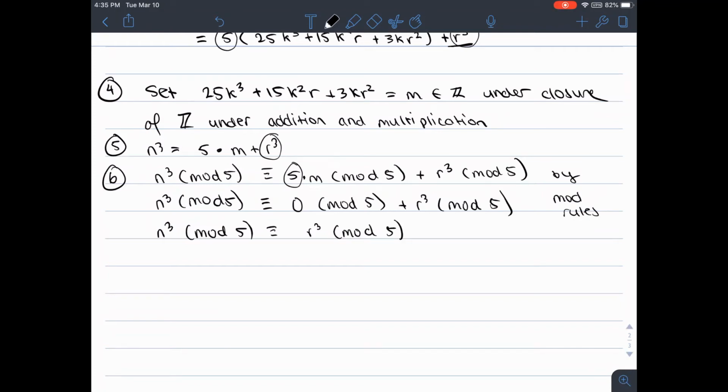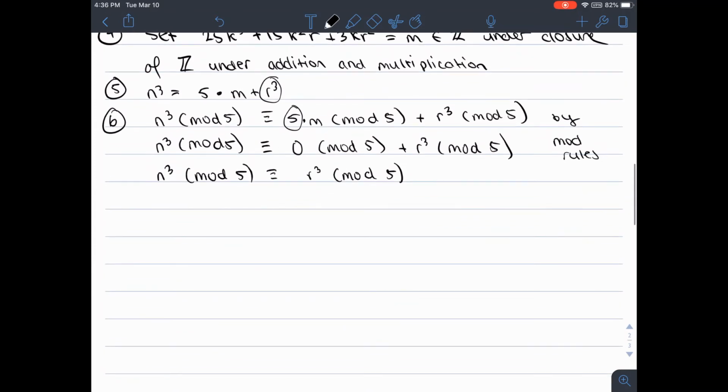If we prove that r cubed mod 5 is not equivalent to 0, then we can show that n cubed mod 5 is not equivalent to 0, and thus 5 does not divide n cubed, making n cubed not a multiple of 5. We can do this by cases.